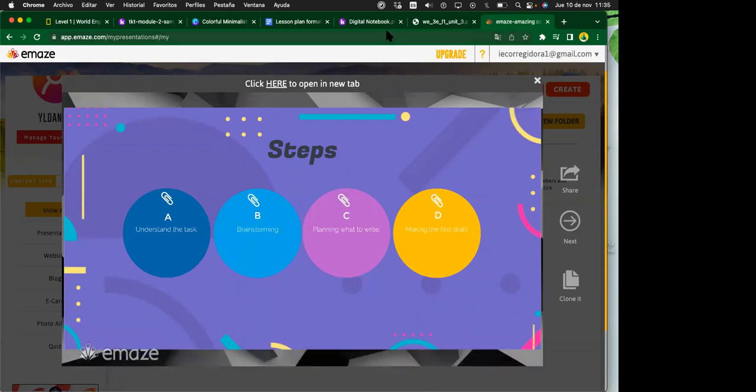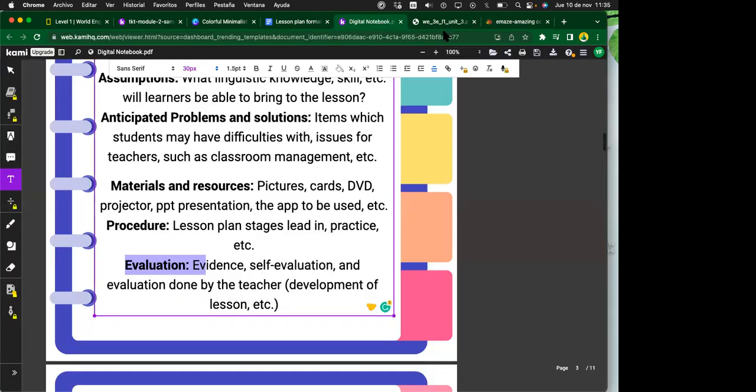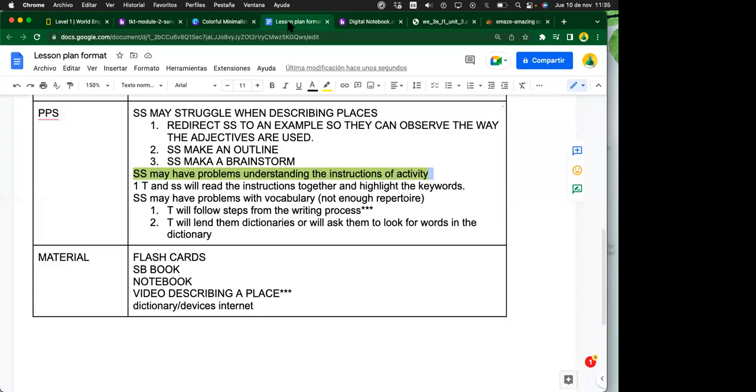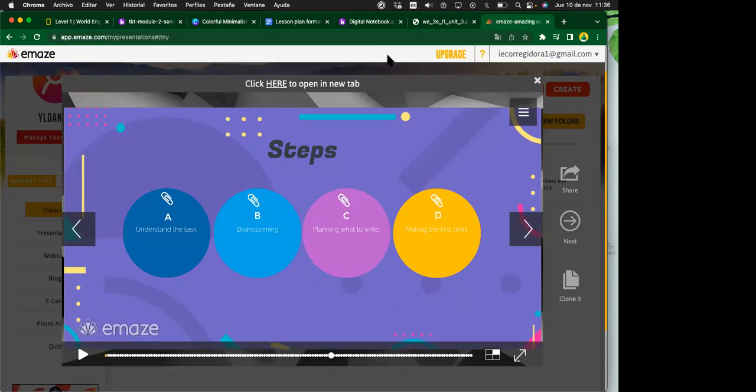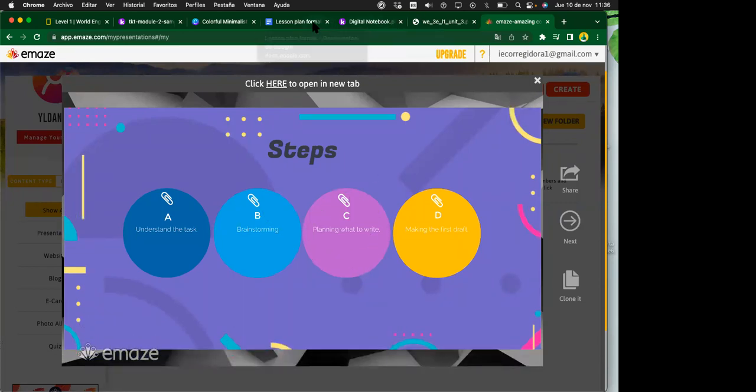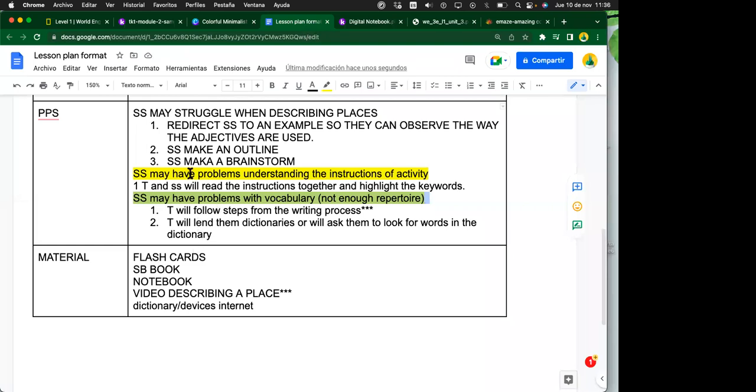Luego I have the brainstorming. Ay, ¿dónde está? In here, may have problems with vocabulary, not enough repertoire. Tackled in the brainstorming. Planning what to write. Solve this problem.